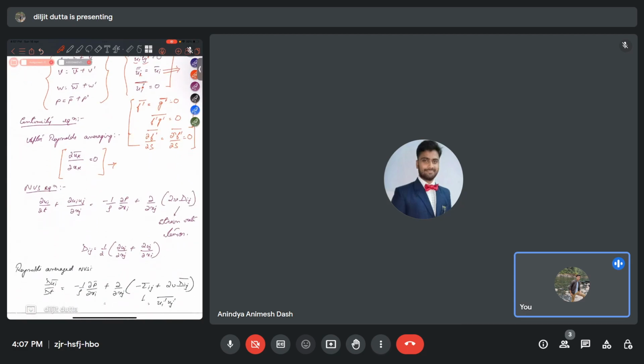So only the average terms will be remaining, and the continuity equation will only have the average flow velocities in each direction. So this is the continuity equation after Reynolds decomposition and Reynolds averaging.